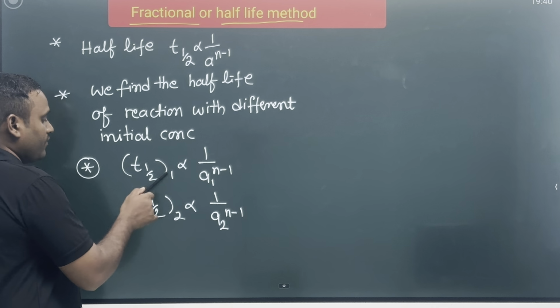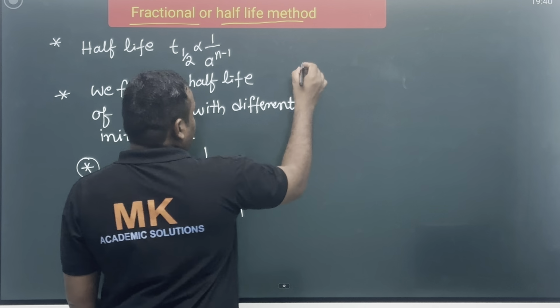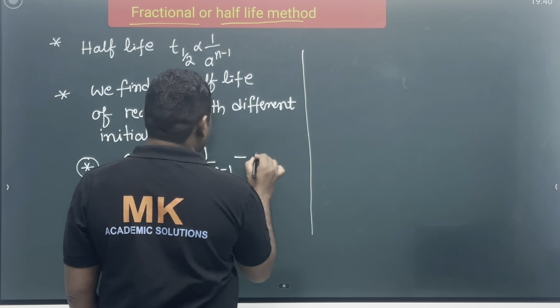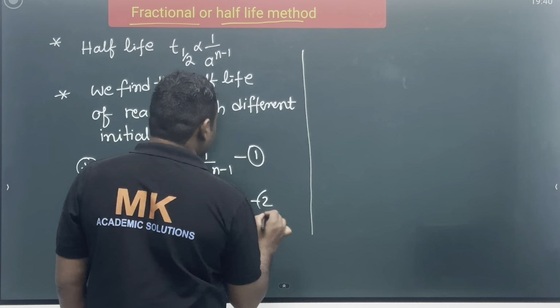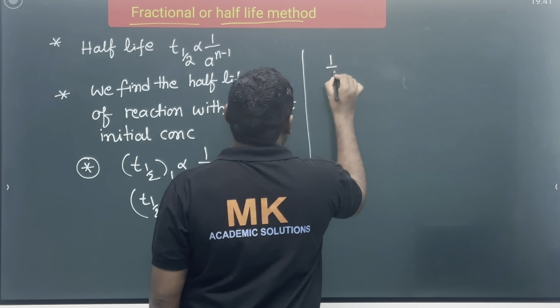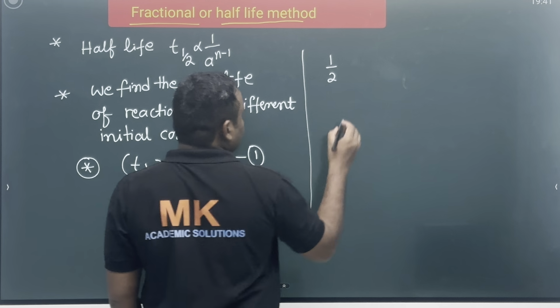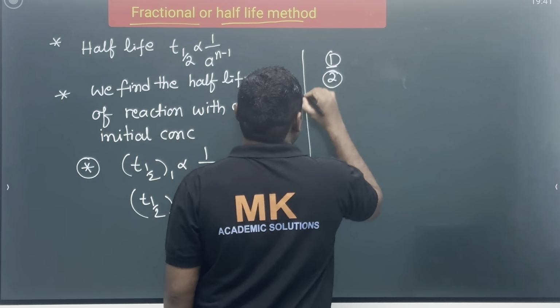It is the half-life of 1, half-life of 2. Now let us consider this as equation 1 and this as equation number 2. Now let us do 1 by 2, equation 1 divided by equation 2.